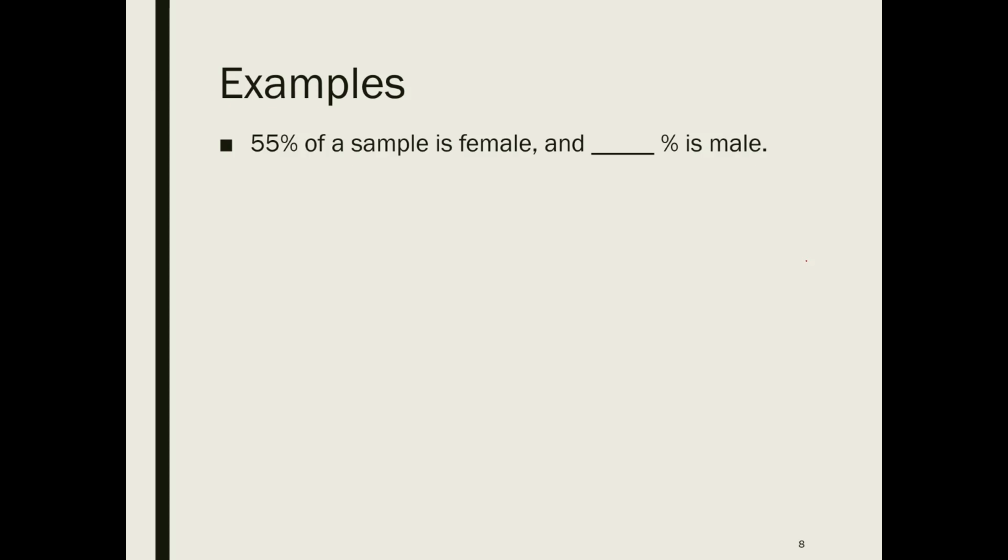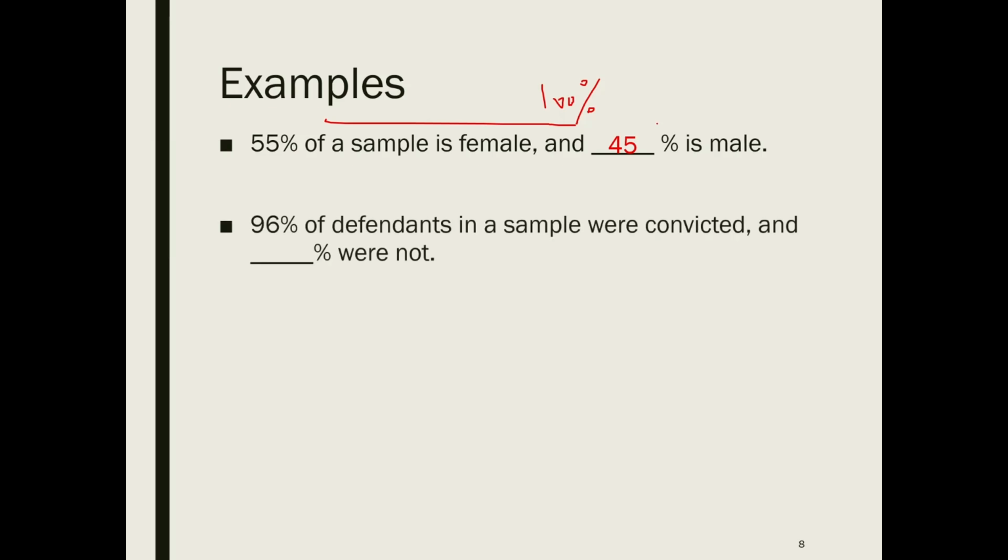For example, in a sample, 55% of the sample is female, and what percentage is male, right? 45%. You have to make sure that those two add up to 100%. Similarly, in this defendant sample, 96% of defendants were convicted, and what's the percentage that are not convicted, right? 4%.